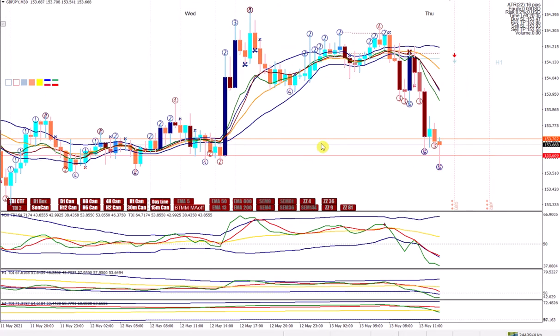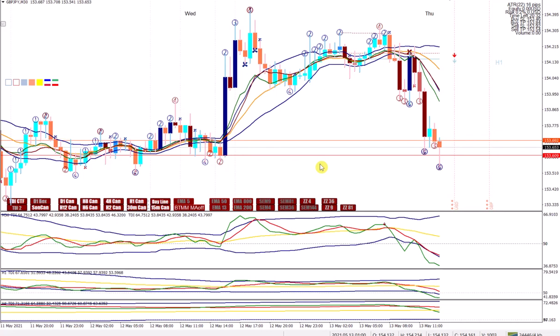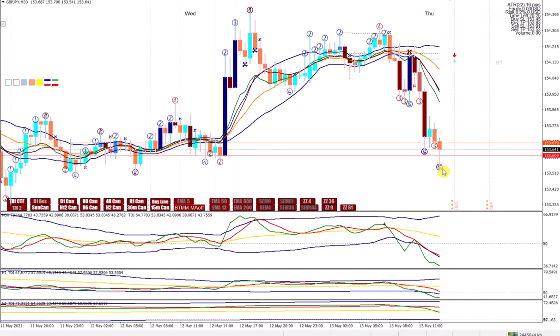What's happening today, right? We're still following the GBPJPY, 30 minutes. We can see exactly what I see there. There's a spike to the bottom. Reason for this could probably be taking out stop losses.